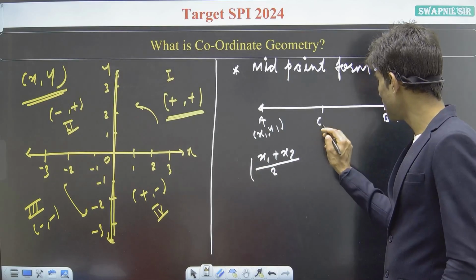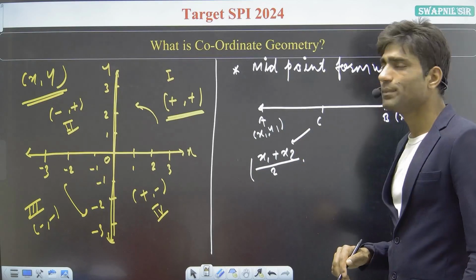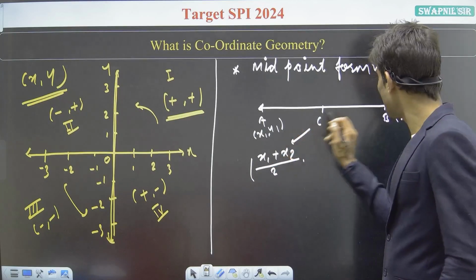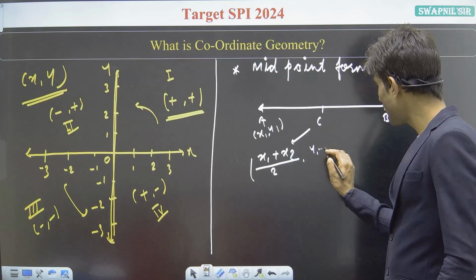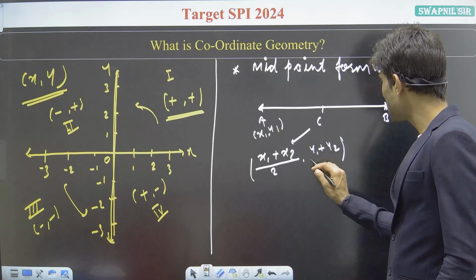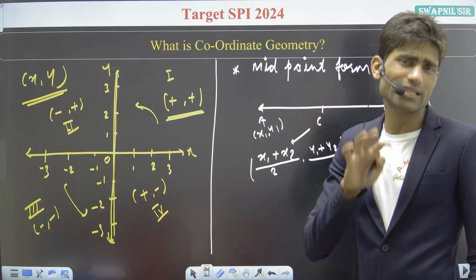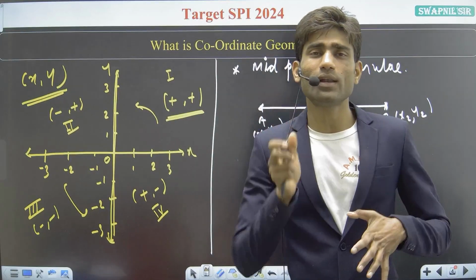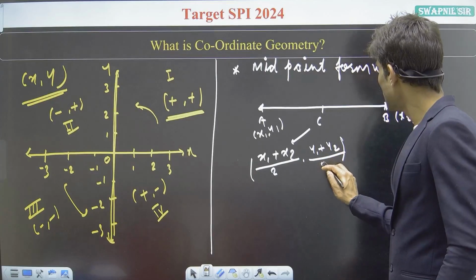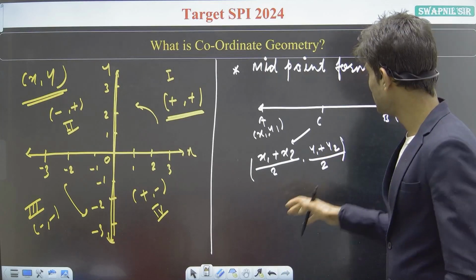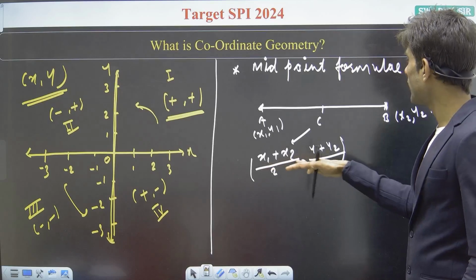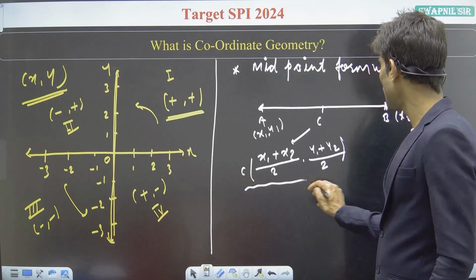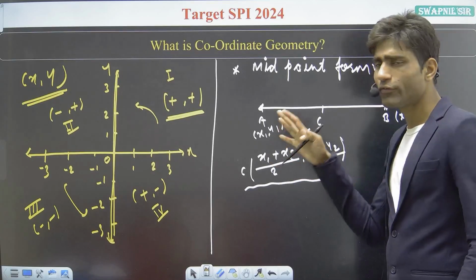This one is the x coordinate for our midpoint C. Similarly, do it for the y coordinate: y1 plus y2, divided by 2. As C divides our line segment internally, that means we have to take an equal ratio, so we take the denominator as 2. So this one is the midpoint formula for our line segment, for our C. This is the way of finding the midpoint.